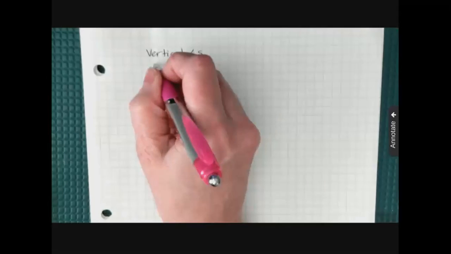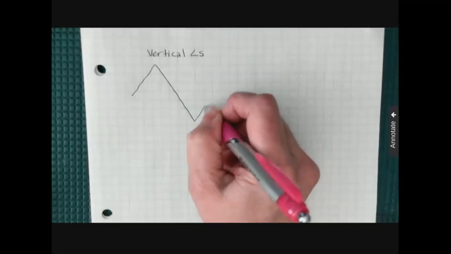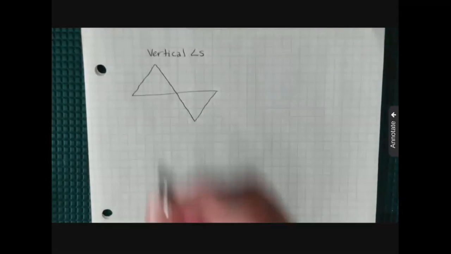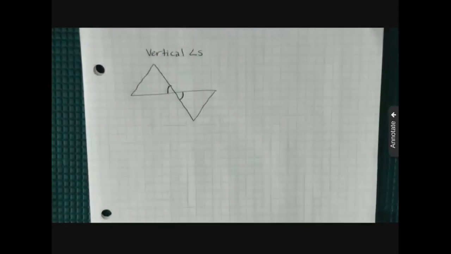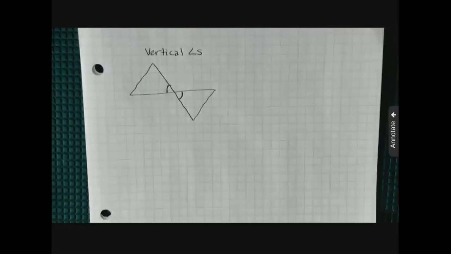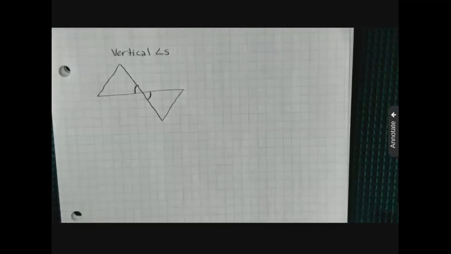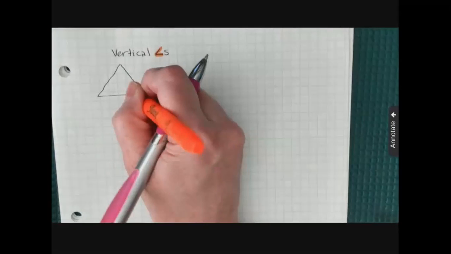Okay, remember vertical angles, when we have two lines connected like so, these two in the middle are vertical angles. Okay. If you wanted to know what a linear pair looks like, let me show you on this same thing here. These are vertical angles.